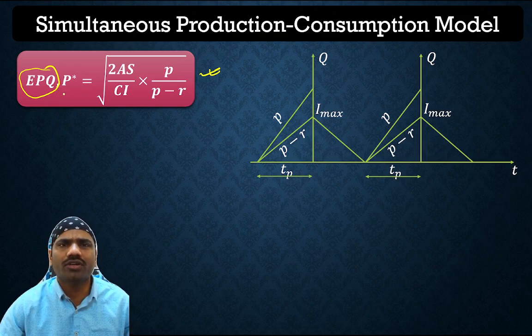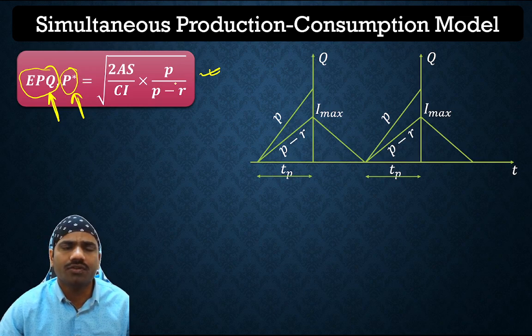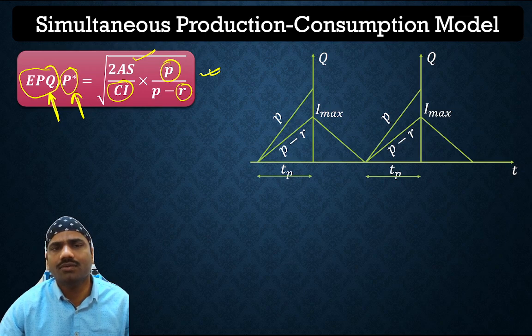The economic production quantity is the quantity we should produce to get the maximum profit. We denote it by P star, and we can calculate it with this formula, where A is the annual demand, S is the setup cost, CI is the inventory carrying cost, P is the production rate, and R is the consumption rate.